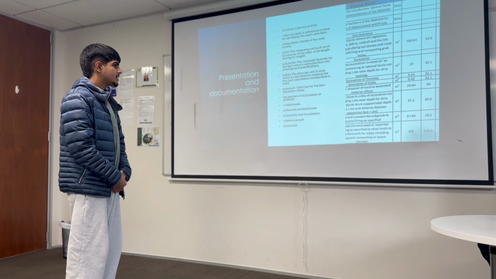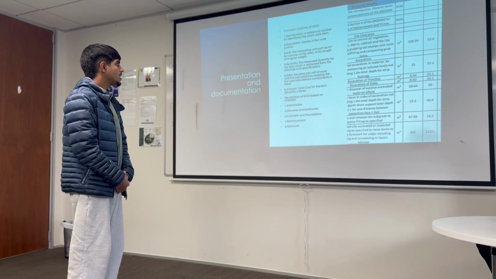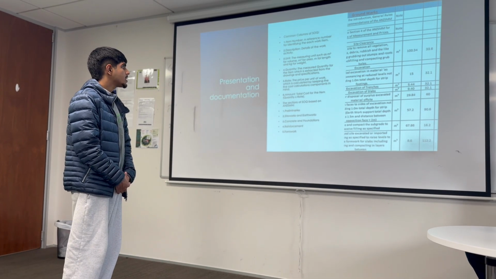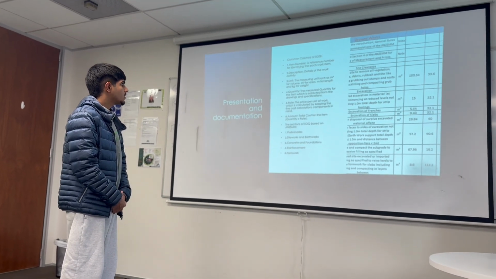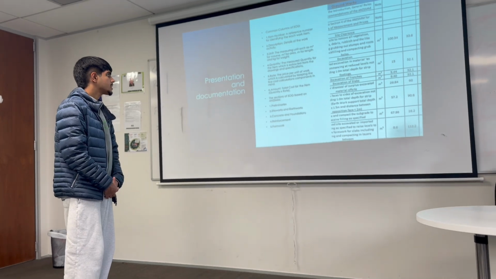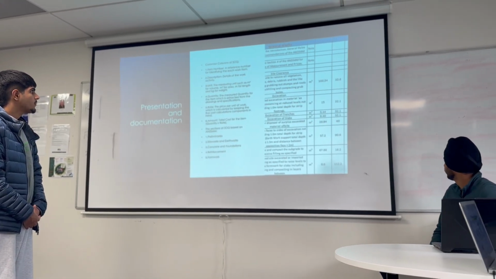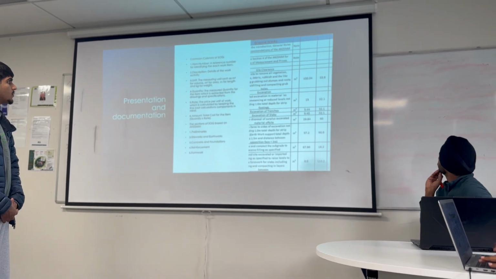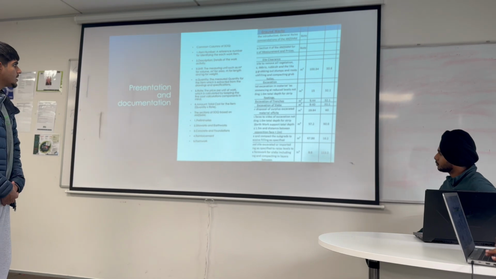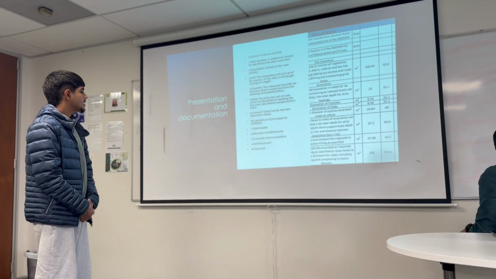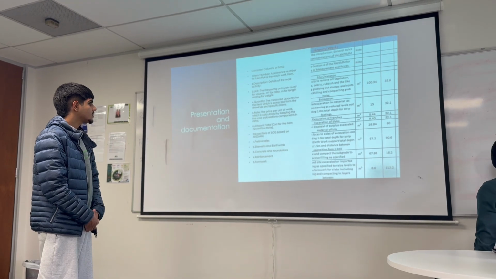Now the presentation and documentation of the SOQ. So common columns of SOQ: item number, a reference number for identifying each work item. Next one is description, which details all works and activity. Next one is unit, the measuring units such as meter cube for volume, meter square for area, meter for length and weight. Next one is quantity, the measured quantity for the item which is extracted from the drawings.